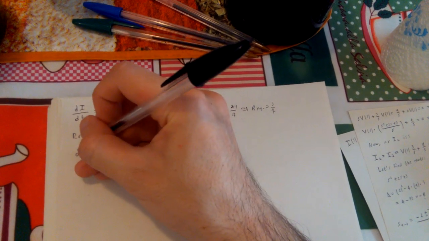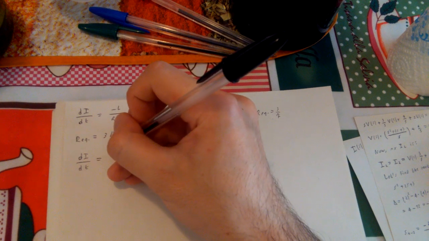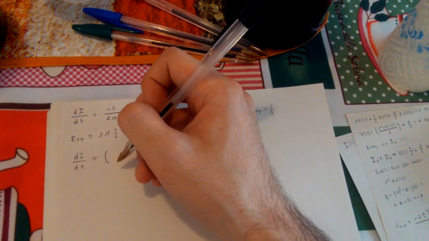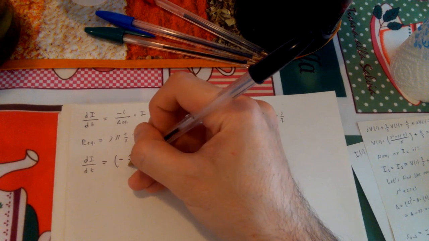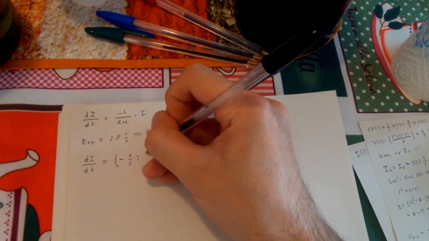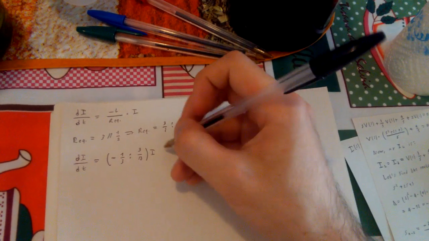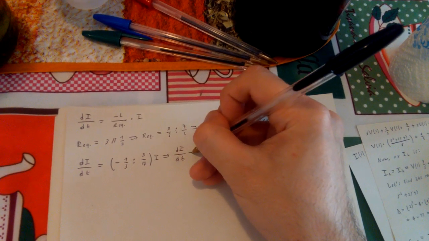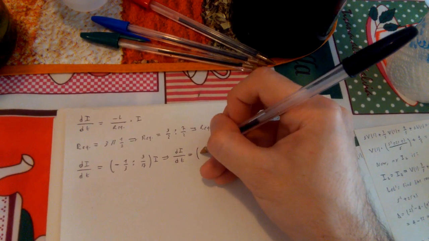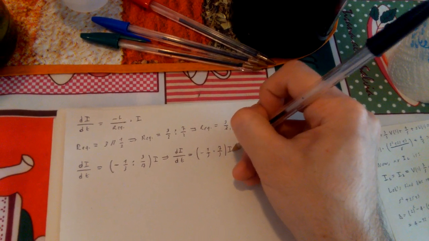So di/dt is actually negative 1 over 3 divided by 3 over 7, times i. So di/dt is negative 1 over 3 times 7 over 3, times i.